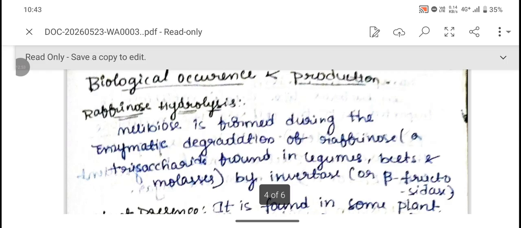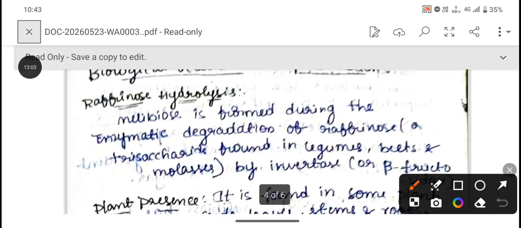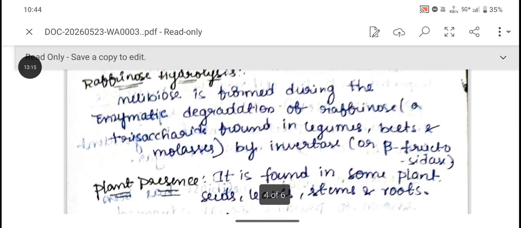Biological occurrence: as I have mentioned, it can be produced by the hydrolysis of raffinose. Melibiose is formed during the enzymatic degradation of raffinose, a trisaccharide found in legumes, beets and molasses, by invertase or beta fructosidase.